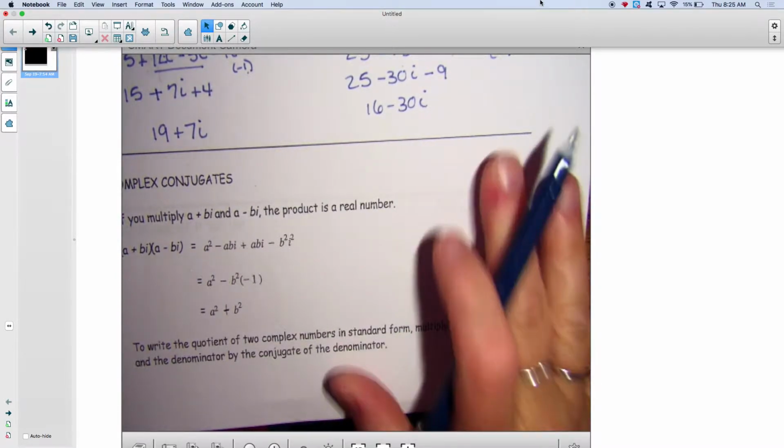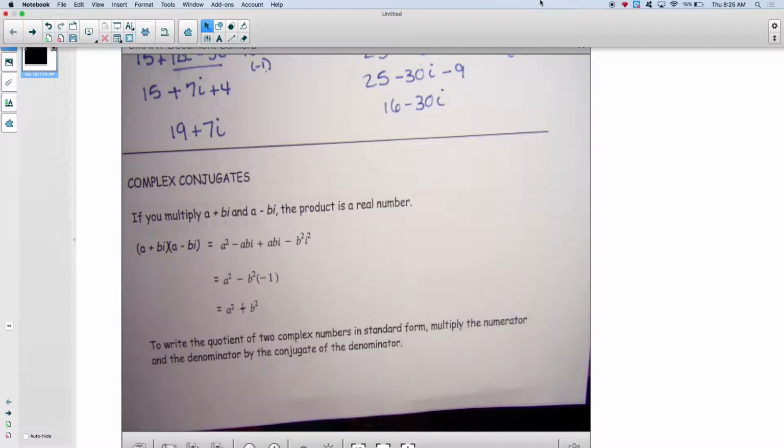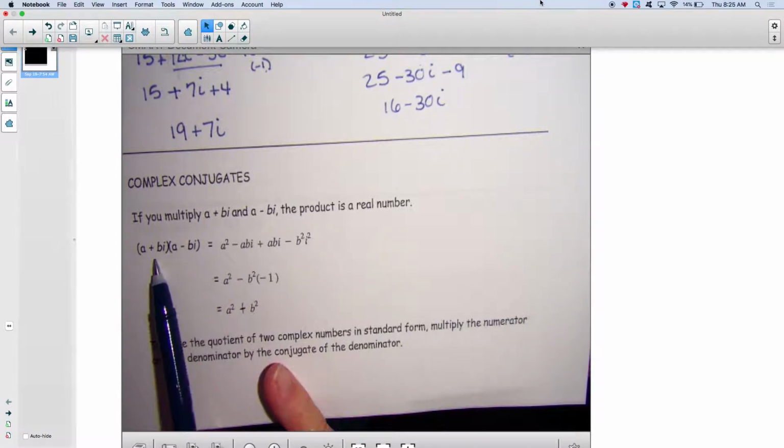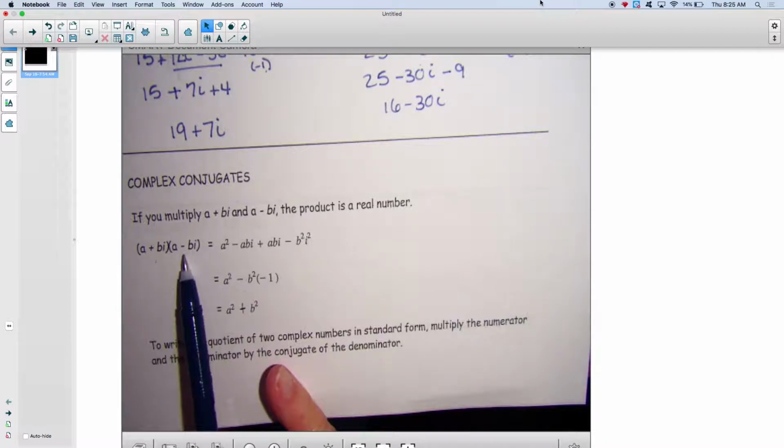Complex conjugates. If you multiply a plus bi and a minus bi, the product is a real number. Well, how does that work? a plus bi times a minus bi. This represents two complex numbers. They're conjugates. What's the conjugate? It's the same binomial, but the sign is changed.